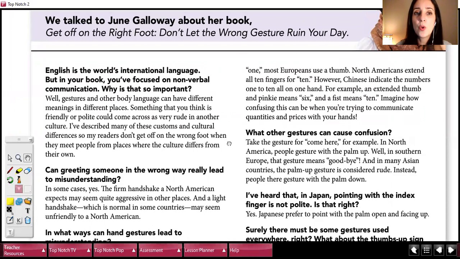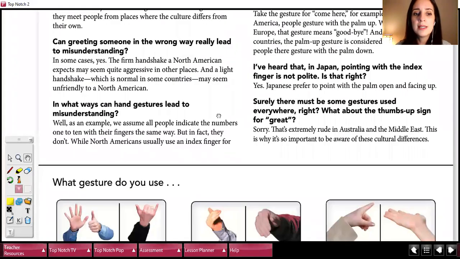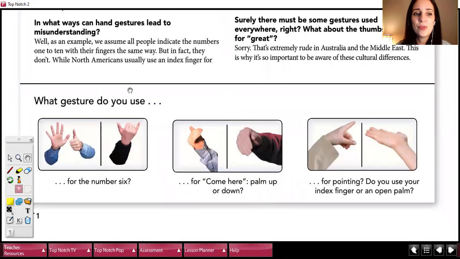All right, so let's take a look at these gestures. These are some of the examples we've seen in this reading part. For the number 6, this is how Japanese people indicate number 6. For coming here, palm facing up, palm facing down, okay?